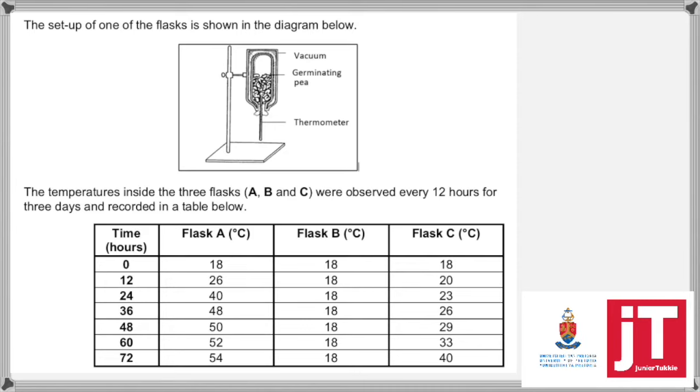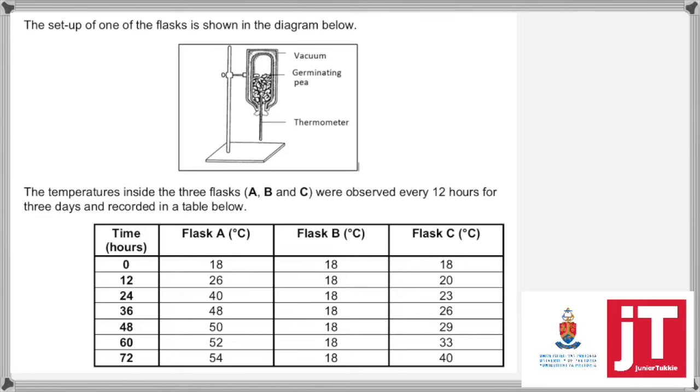So that's a pretty standard or constant variable for this investigation, the fact that the measurements were taken at the same time for each of the flasks. So at the onset of this investigation, you'll remember, we started each flask at 18 degrees Celsius.